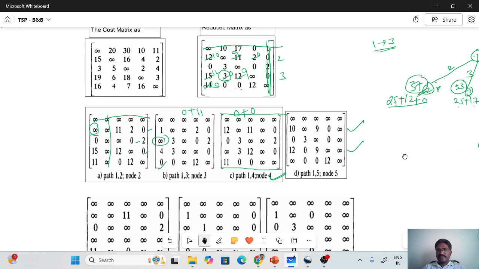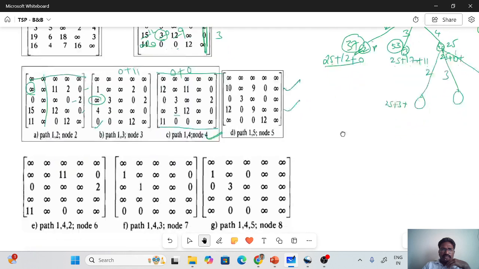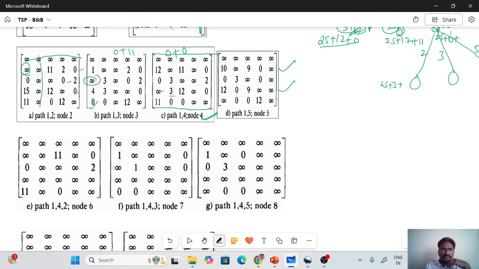For this matrix I am going to consider 4 to 2. What is the value of 4 2? That is 13. What is the cost as of now for that node 4? 25. So 25 plus 3, 4 2, 3 plus. I am going to check for the 4, nothing but 4th row, second column, and also 2 4.